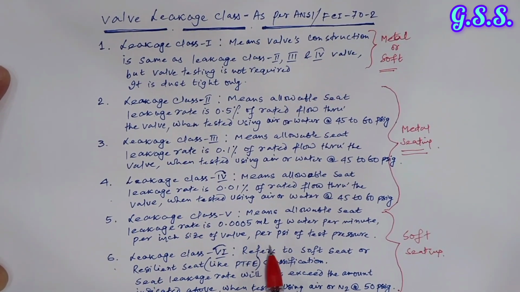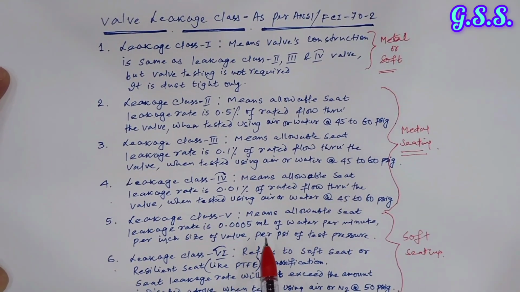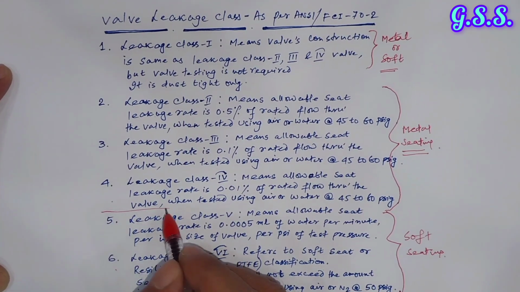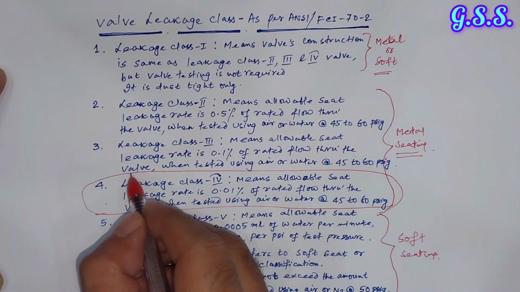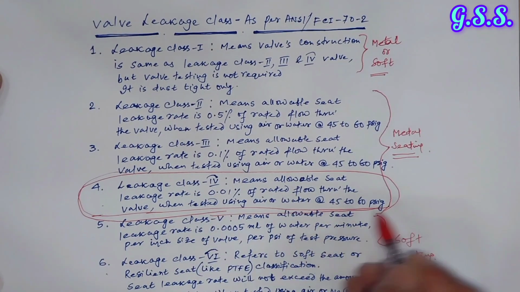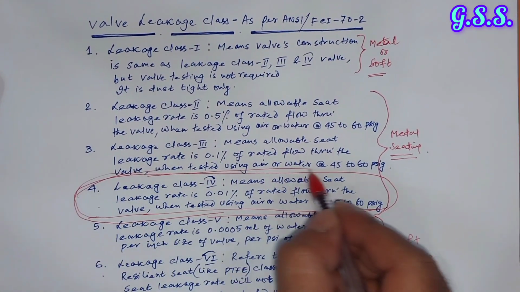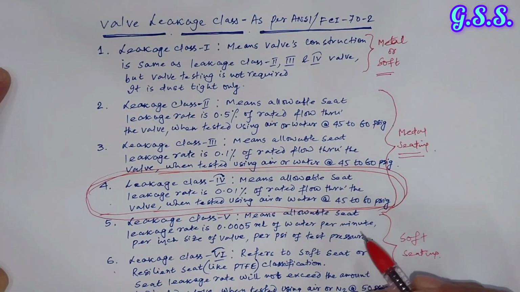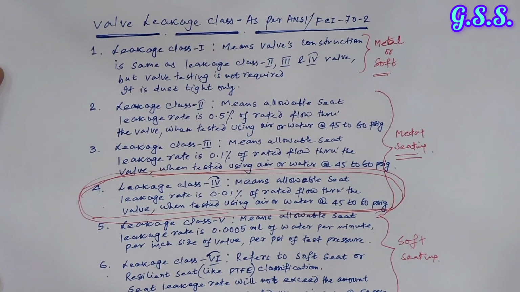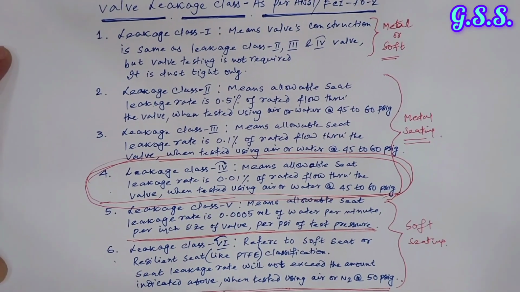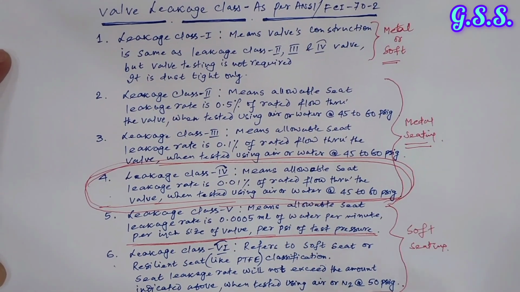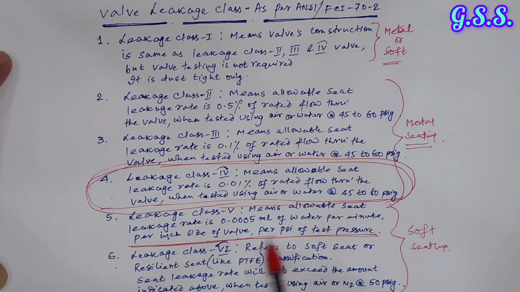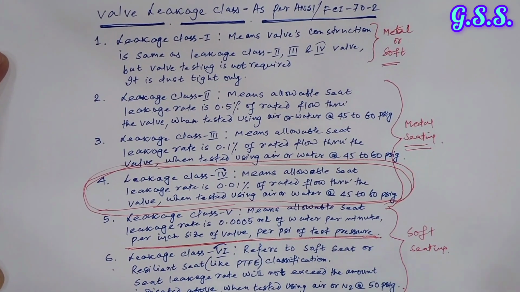And if we do not specify anything, then by default, leakage class 4 will be applied, because leakage class 4 will almost match with the requirement of API 598. Leakage class 6 is the most stringent and leakage class 5 is also stringent.